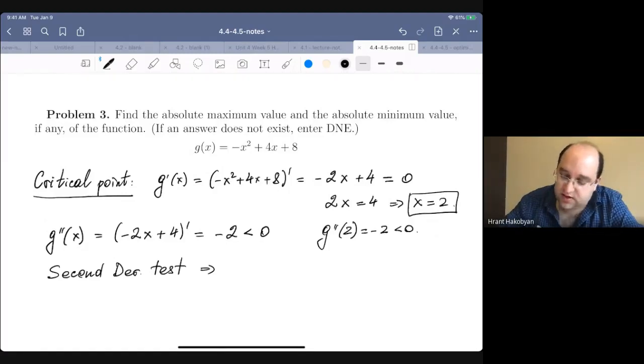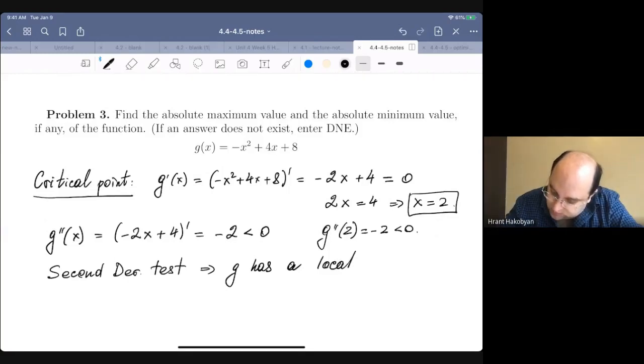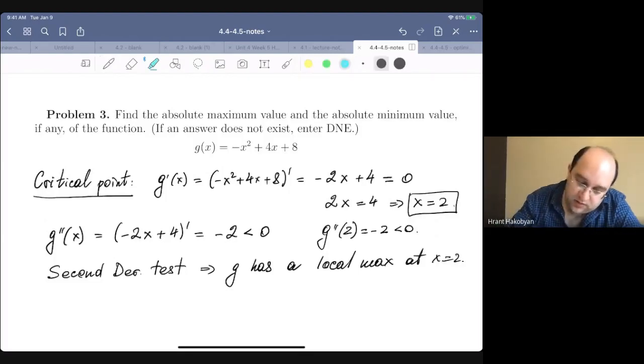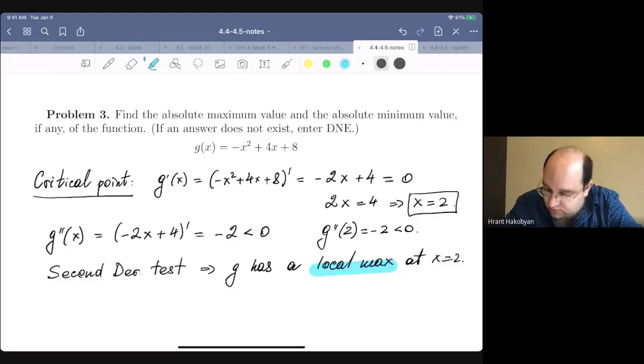So by the second derivative test, I have a maximum. So g has a local maximum at x equals 2.